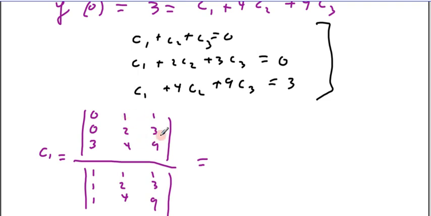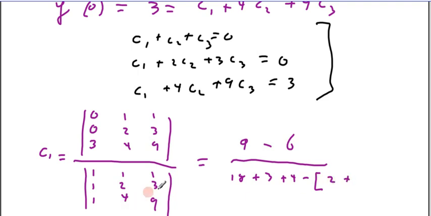The top comes out to 0 minus 6, and on the bottom I have 18, 3, 4, minus 2, 12, 9.